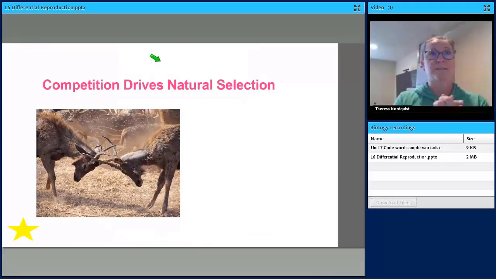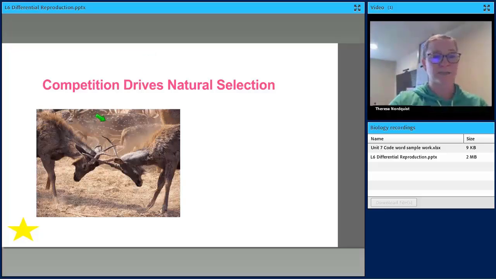All right, the other thing that this lesson covers and reviews is the idea that competition drives natural selection. Competition is because of that struggle for existence, because there aren't enough resources, there are not enough mates, there's not enough habitat and food, so you have to compete for it. And that can drive natural selection to choose the one with the best traits.